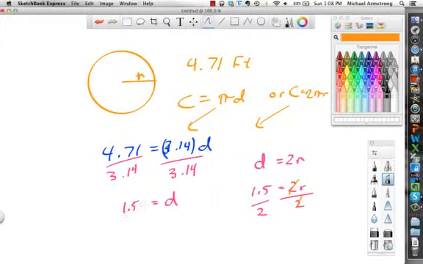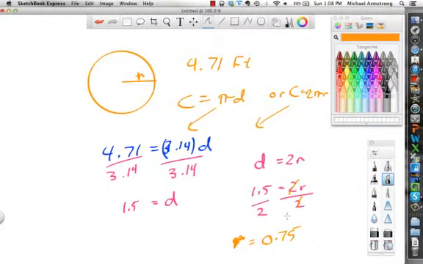And I think most of you knew that all you had to do was cut the diameter in half to get the radius. So 1.5 divided by 2 is 0.75, and I just know that in my head. I guess if you had $1.50 and you cut it in half, you'd have 75 cents, and that's sort of where I go with that. So the radius equals 0.75.